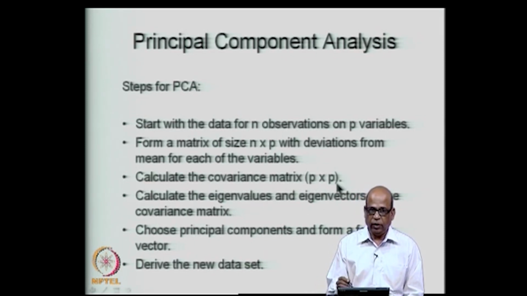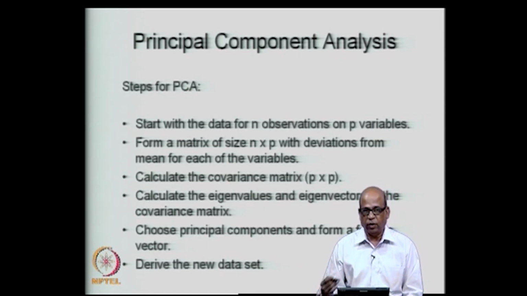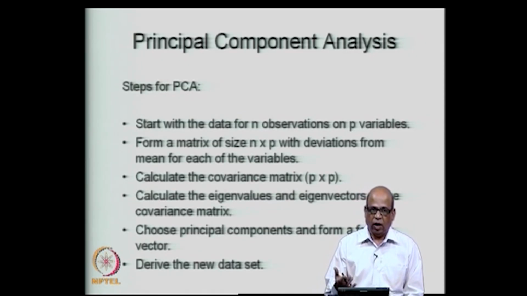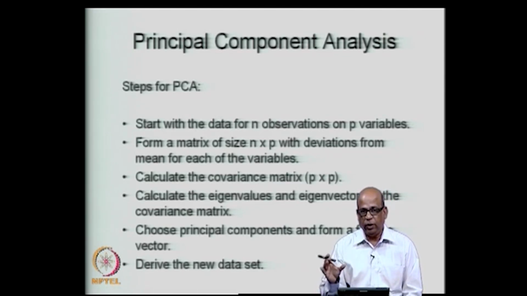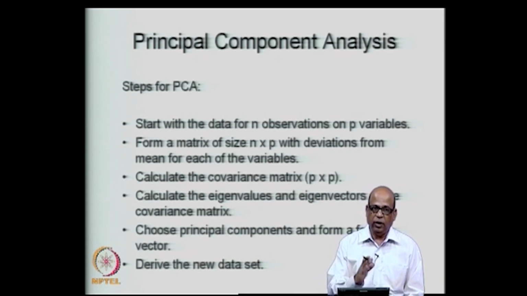Because it is a square matrix, we take the eigenvectors and eigenvalues of this and then define the principal components corresponding to the eigenvectors and eigenvalues and obtain the new data set. So, from the original observed data set of n by p, we obtain another data set still of the same size n by p, and the new data set is in terms of the principal components.